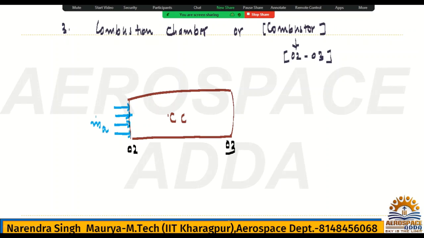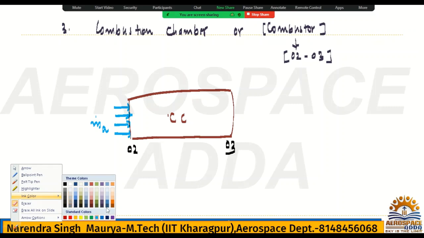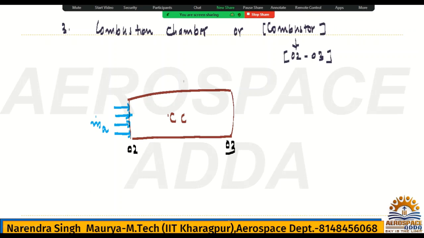So the air is m dot A. Then the work of the combustion chamber is to convert the chemical energy available in the fuel into thermal energy. But here the fuel will be added, and the fuel is m dot F. M dot F is the fuel and it will be added here.